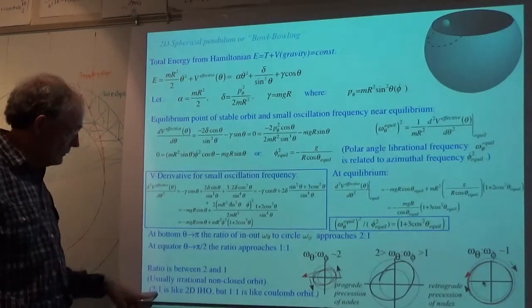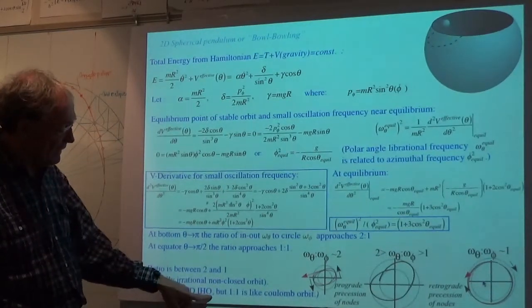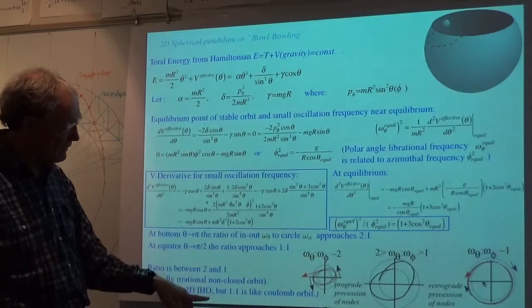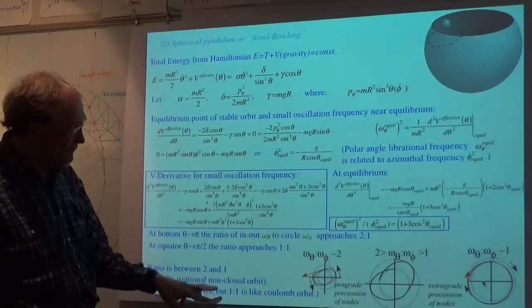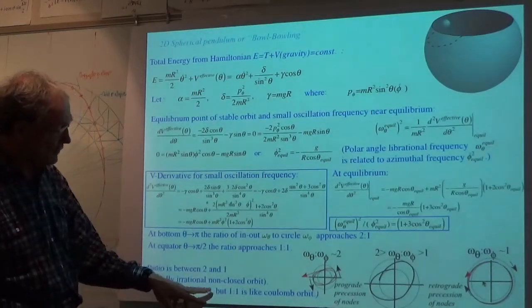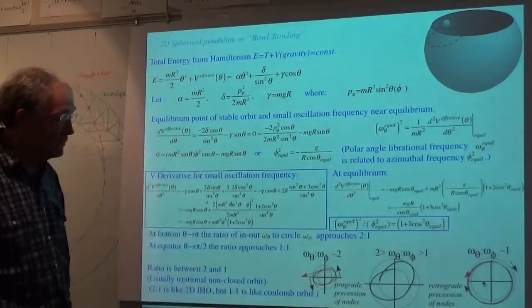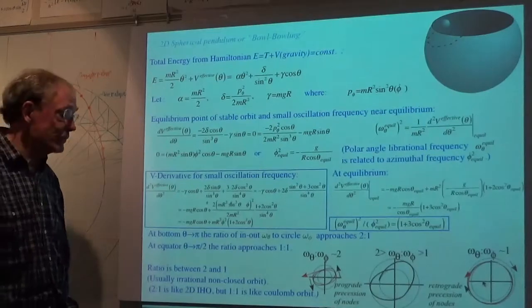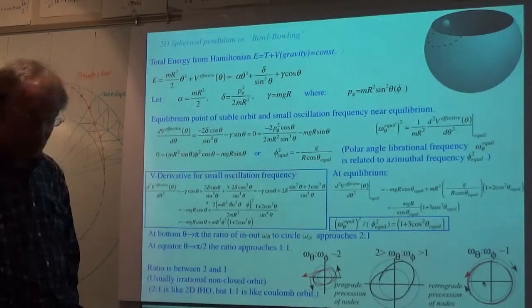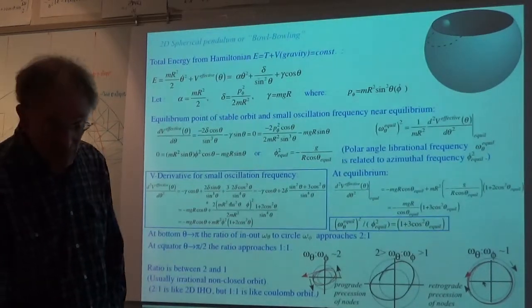And remember, 2 to 1 is like the 2D IHO, the isotropic harmonic oscillator, inside the sophomore physics Earth with the neutron starlet. The 1 to 1 is, like everyone knows, Coulomb orbits outside of a spherical mass potential.